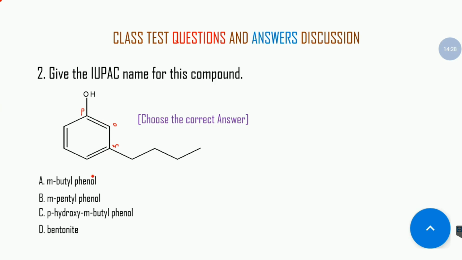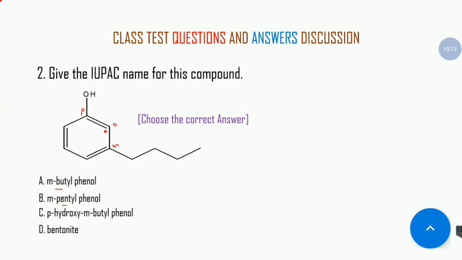So the substituent is present in our meta position. That means it may be option A or option B, because between para and meta, meta comes first alphabetically. So meta is our designation for the substituent. Now you have to count how many carbons the substituent has. Start from 1 2 3 4, not from here, because this carbon is present in the benzene ring.